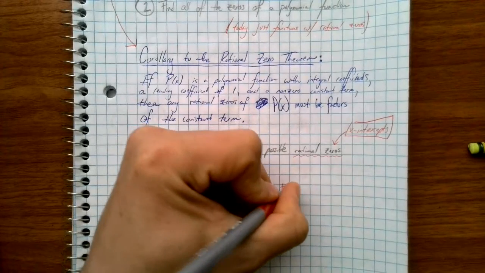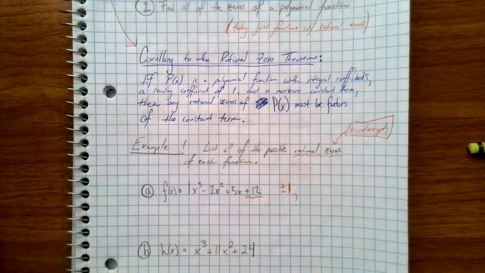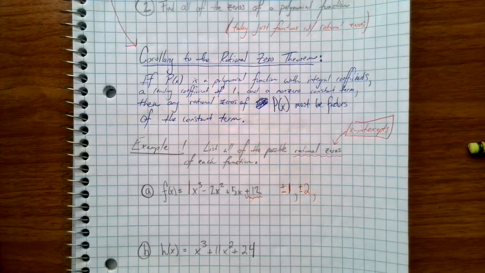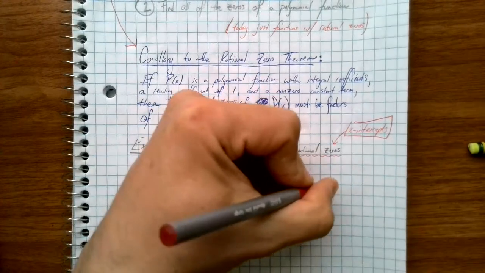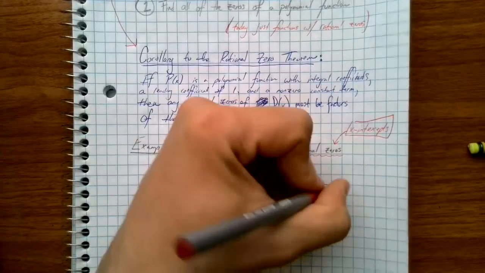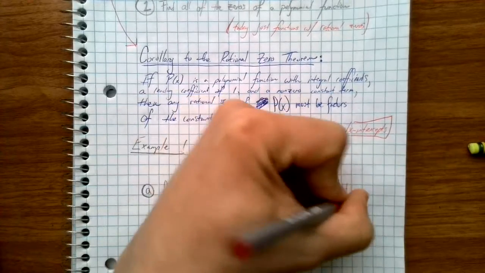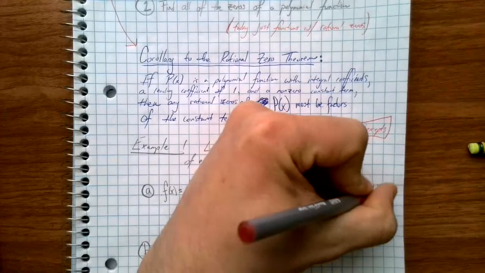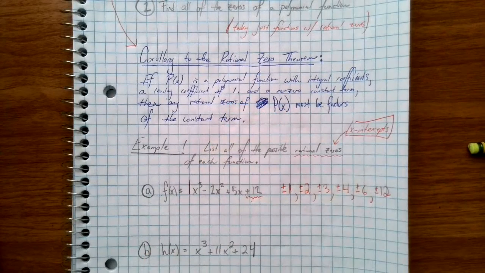So 1, both positive and -1, are factors of 12. Positive and -2 are factors of 12. Positive and -3 are factors of 12. And I'm just going to list the rest of the factors of 12.